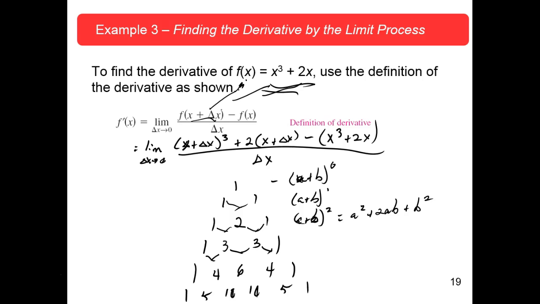Can anyone tell me what A plus B cubed might be? A cubed plus what? This coefficient, 3.